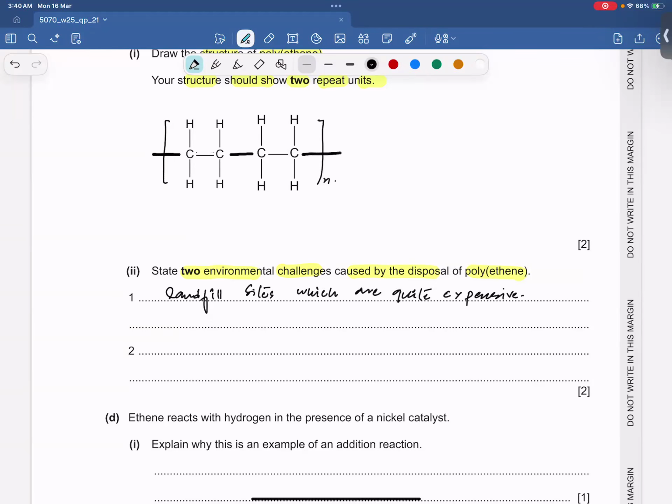Second, accumulation of plastic in the ocean. Also, carbon dioxide gas is given off, which causes global warming. Oh no, that happens on combustion.